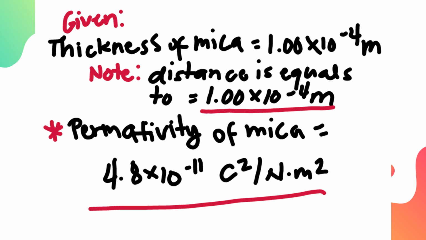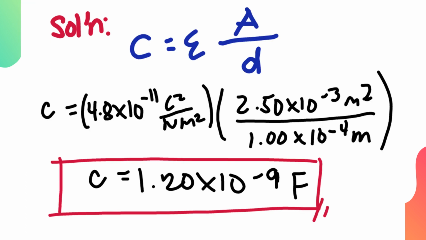Now let's go to the first part. Letter A. What is the capacitance of this capacitor? Using the formula, capacitance is equal to permittivity times the area over distance. Apply the given values to our formula.